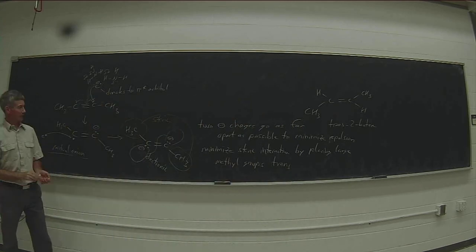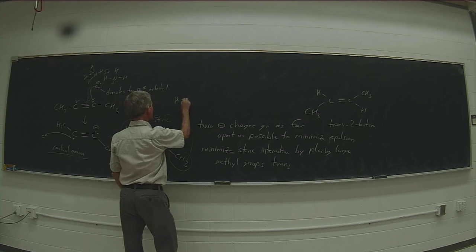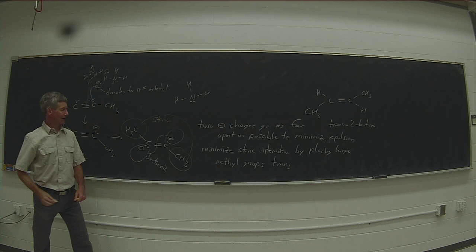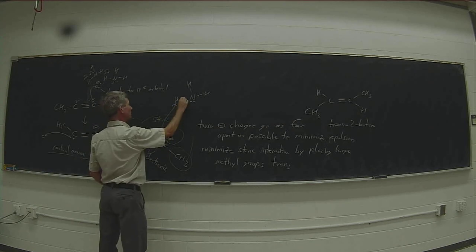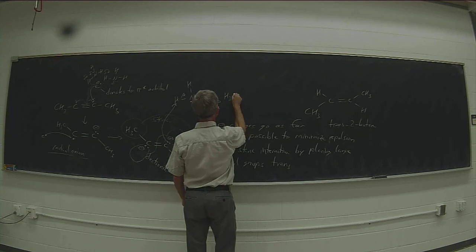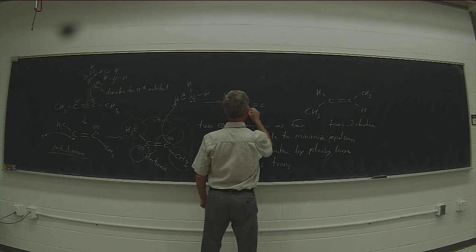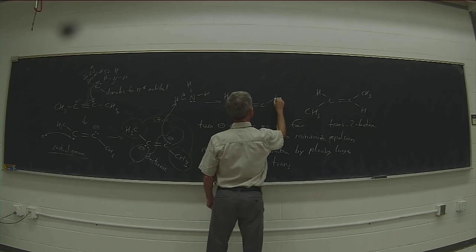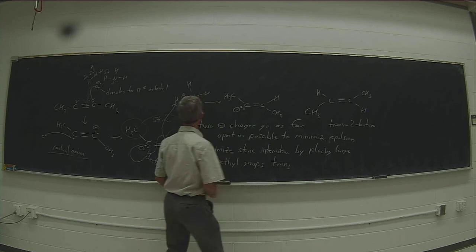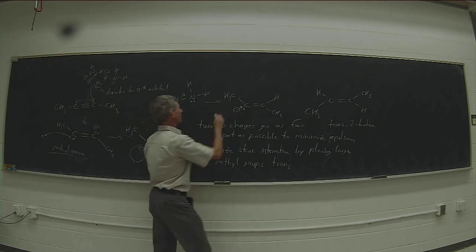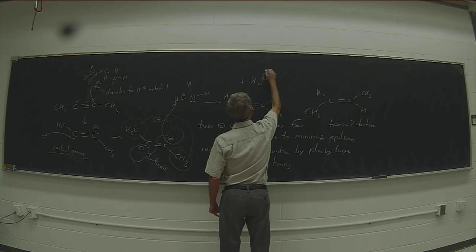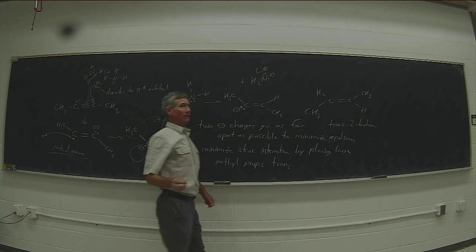The remainder of the mechanism is for the alkenyl anion to now pull off a hydrogen from ammonia, to generate a monoanion and a lithium salt of the amide.